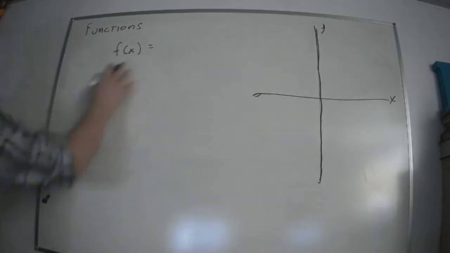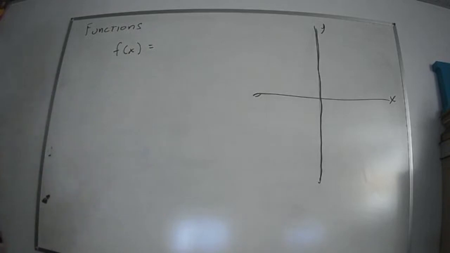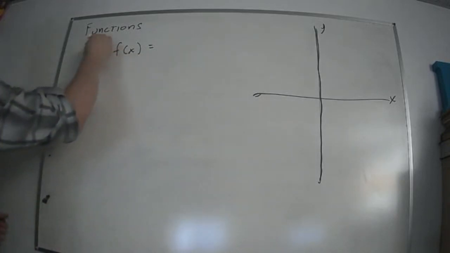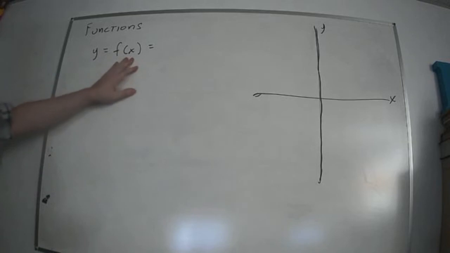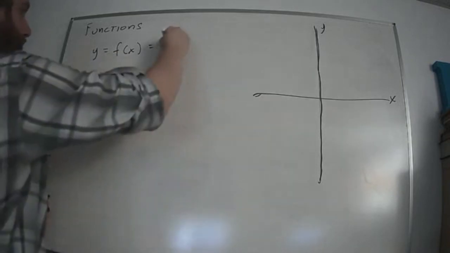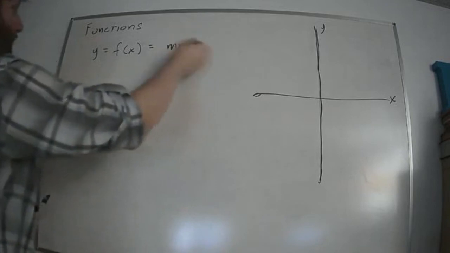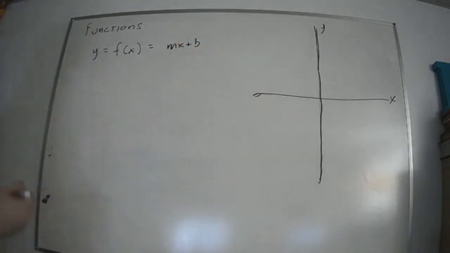Now, because almost every function can be graphed, for a single variable function we say y equals f of x. Let us say y is a function of x, where f of x is something like mx plus b. So that's a sample function.